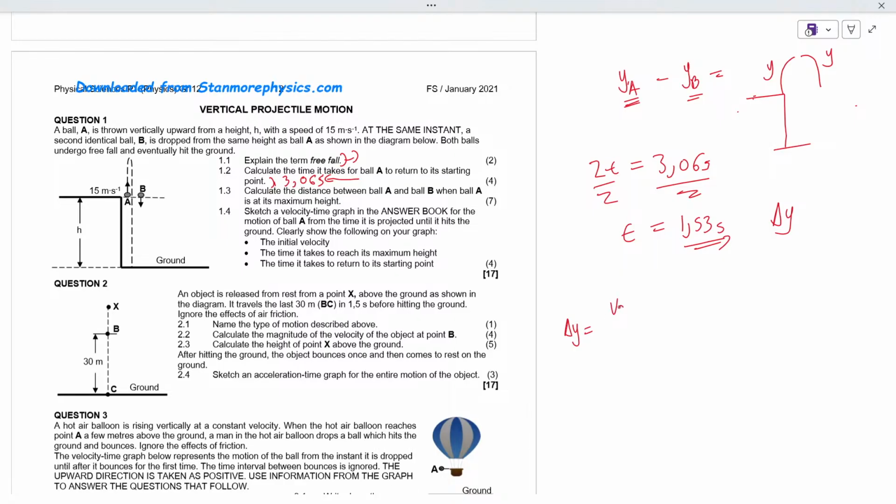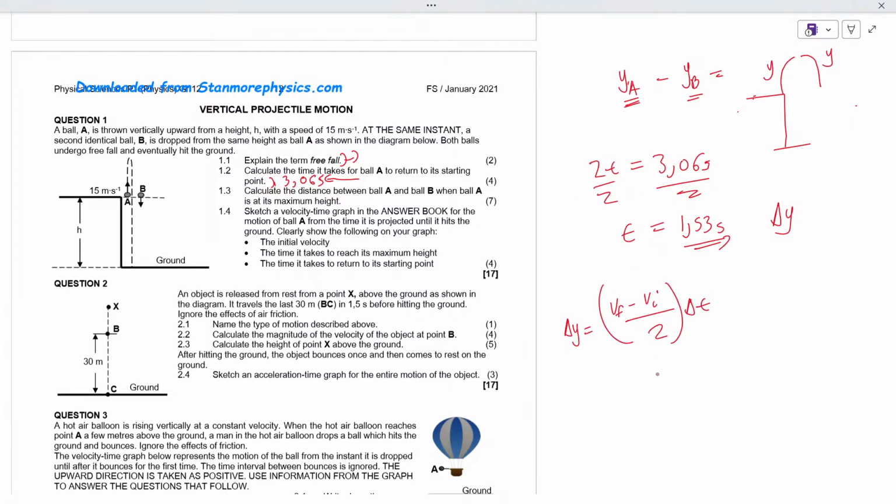Final velocity minus initial velocity, all divided by 2, multiplied by time.